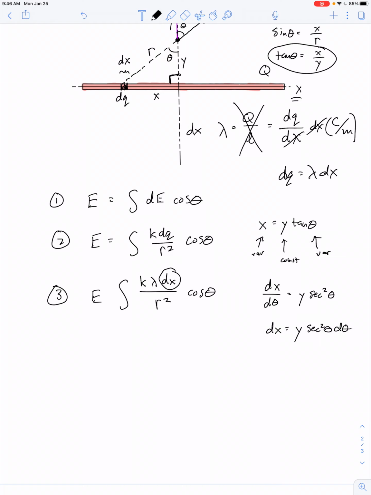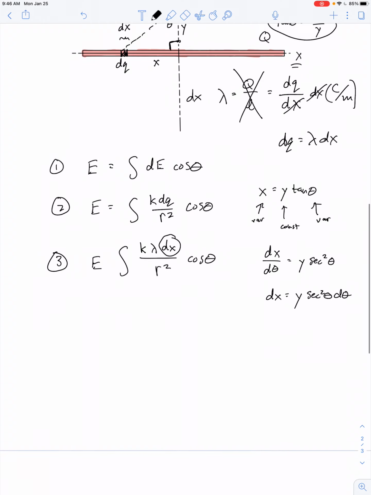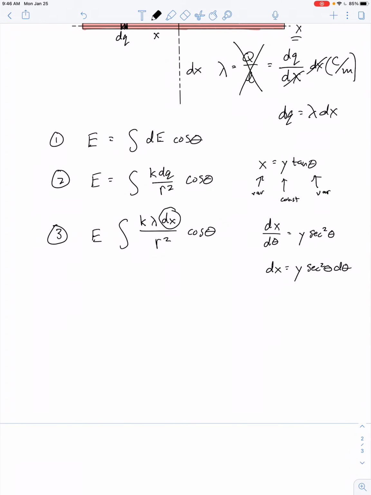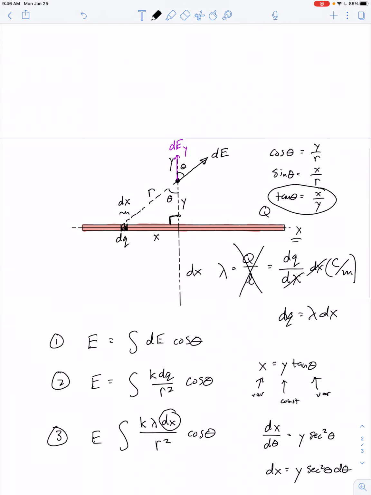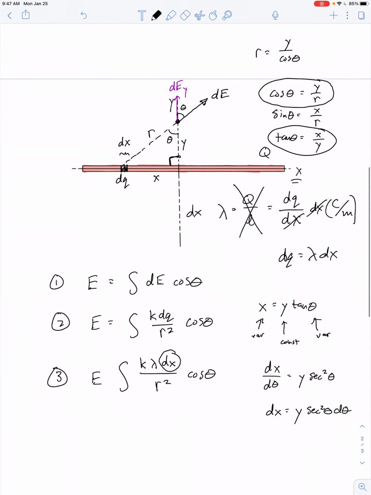So that's going to help make one substitution. Let's see. r is also a variable. However, if we use this expression, we can rearrange and say r is equal to y divided by cosine theta. All right.